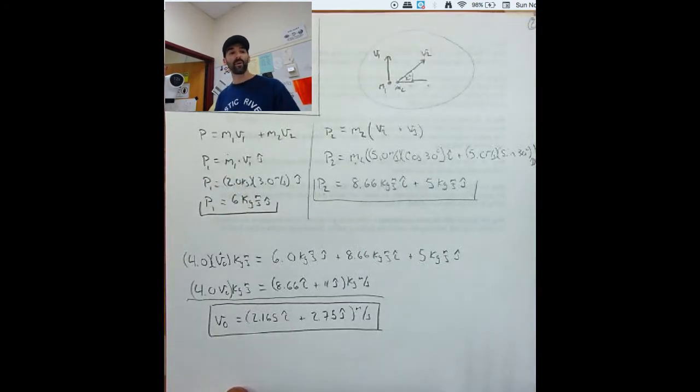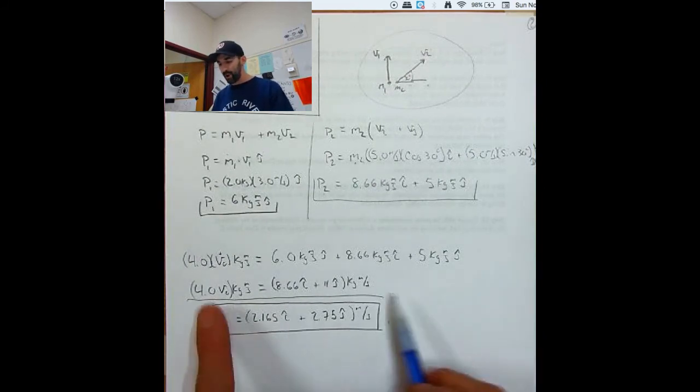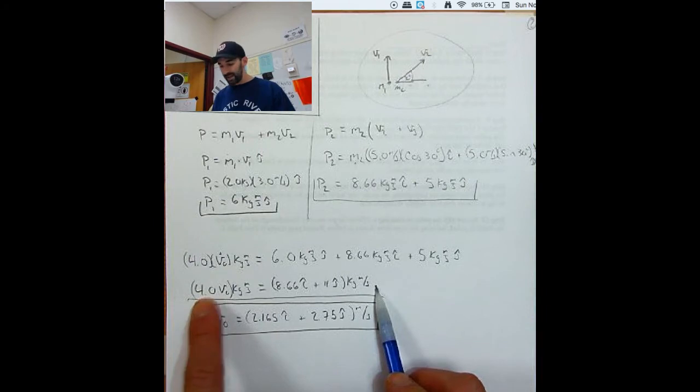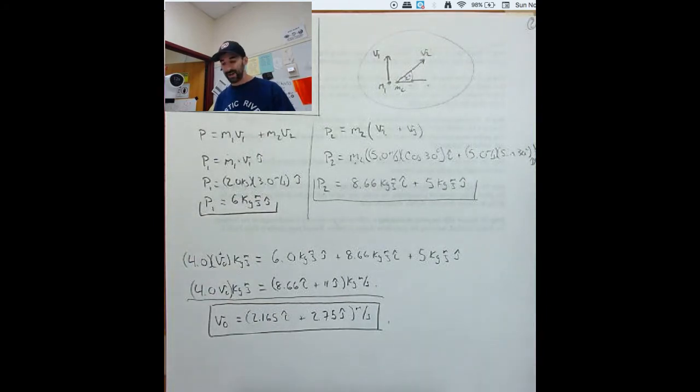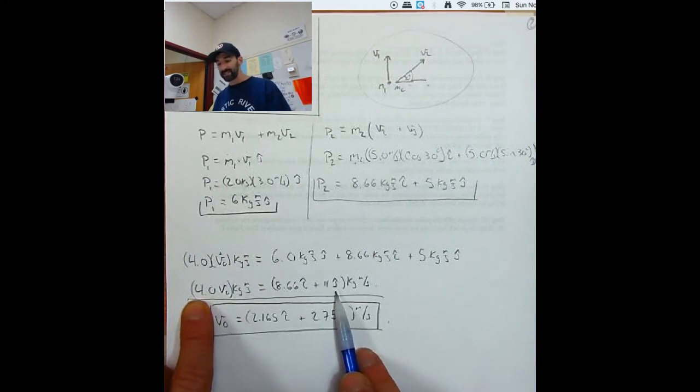Now, if the question specifically asked what is the magnitude and the direction of the velocity, I wouldn't have gone this way. From here, I can solve it anyway. It's not like I changed anything, but I would go back to where I started up here. If I wanted the specific magnitude and direction, I would start from my 4 V naught equals 8.66 plus 11 j hat direction.